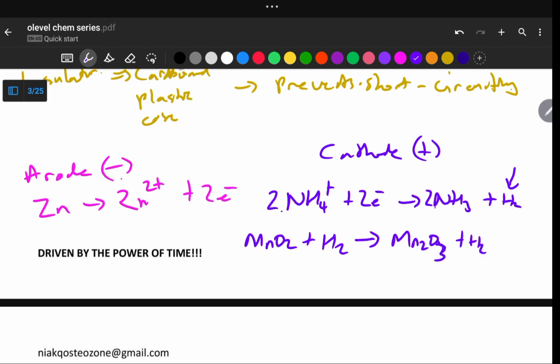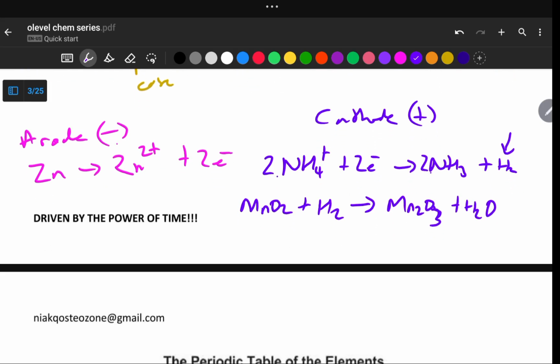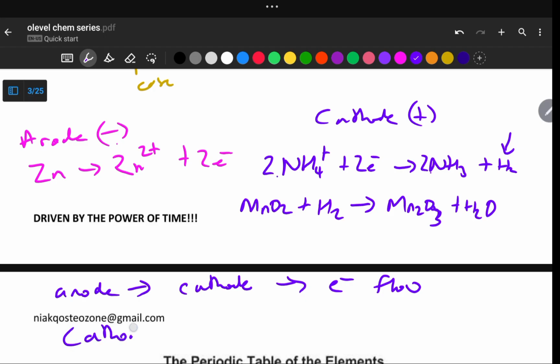So this is the equation, right? We say that electrons flow from anode to cathode, and this is the flow of electrons, and then current will flow from cathode to anode.